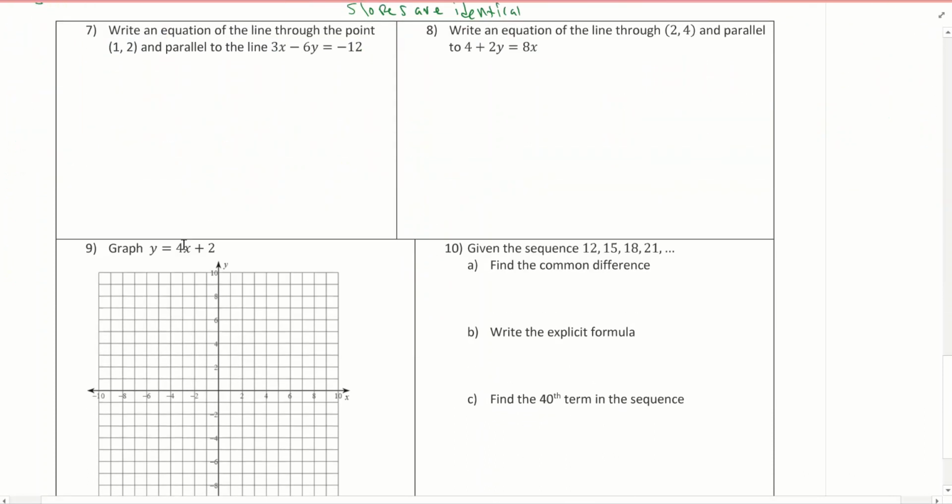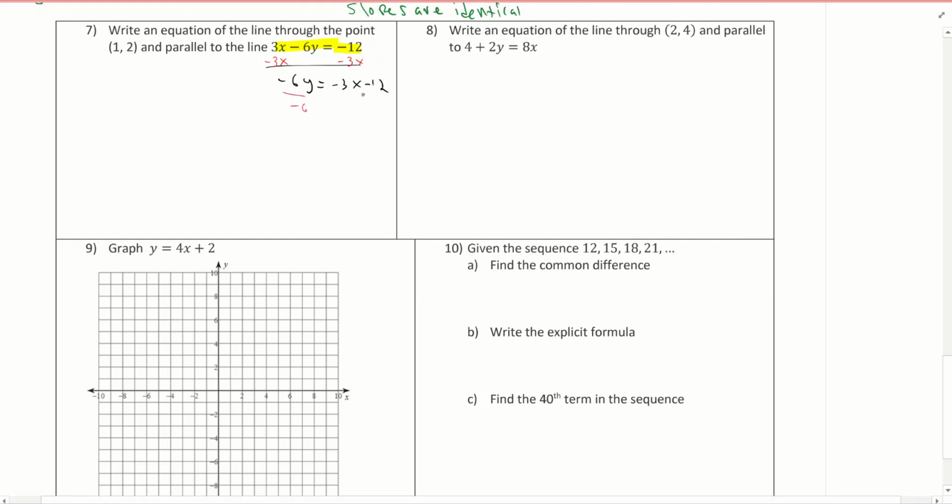Just a few more. We want to write the equation of the line through the point (1, 2) and parallel to that given line. So again, what we need is a point and a slope. We need to get the slope off of this line and make sure that our new line has the same slope. So we're going to put this in slope-intercept form so we can see what the new slope is. We're going to get negative 6y equals negative 3x minus 12.